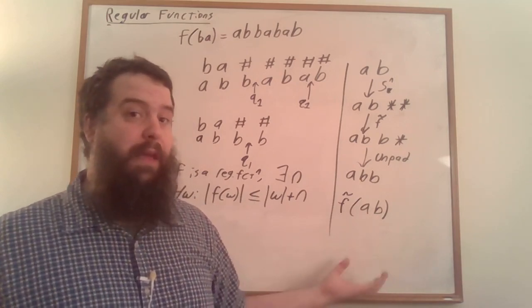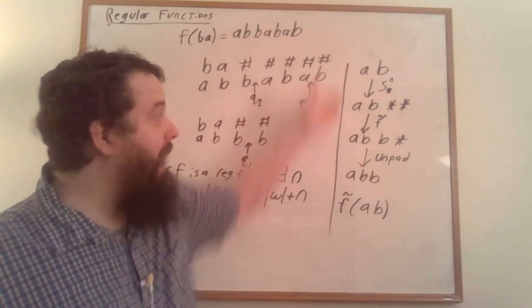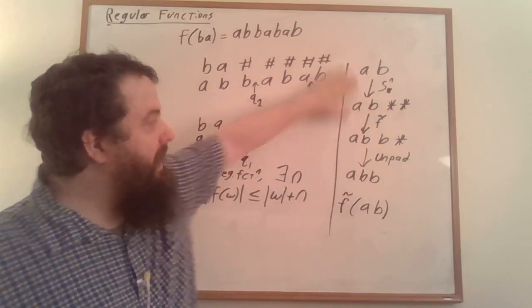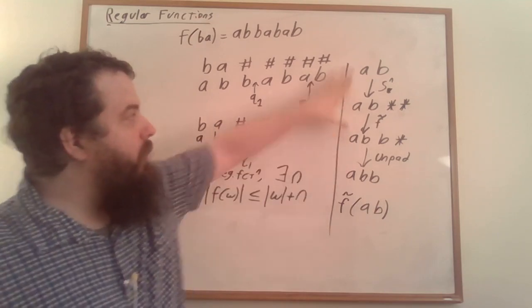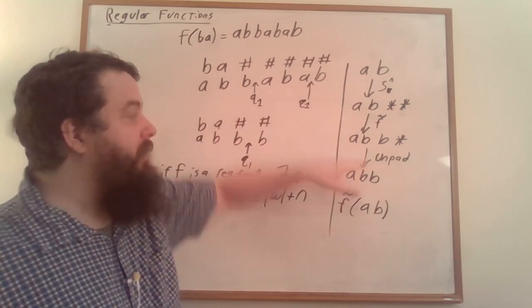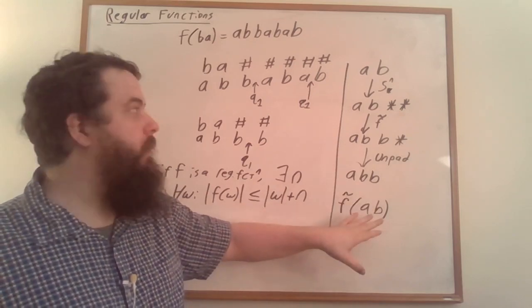output ABB. Fortunately, in practice, when we're using this new function in the compositions that we're actually going to use it in, we don't have to worry about this case happening.